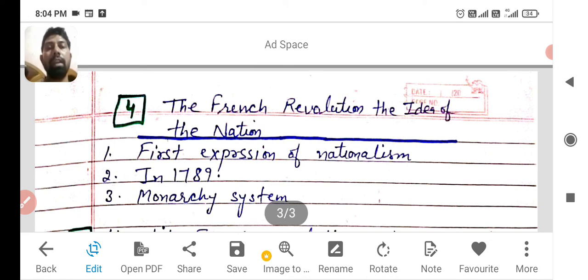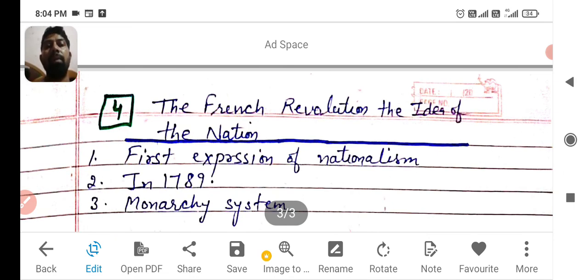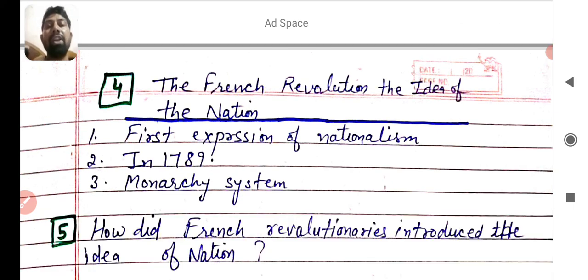Firstly, it was the first expression of nationalism in Europe, or all over the world. It took place in the history of France in 1789, and it was against the monarchy system, because you learned that Louis XVI was a monarch at that time in France. So the fourth point, I think it's clear to you that the French Revolution introduced the people of Europe to the idea of nation.